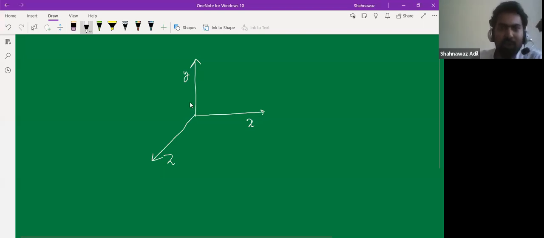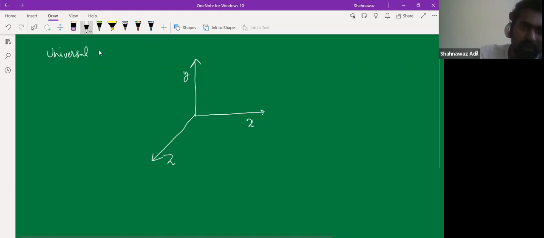Okay. So the universal unit vectors. They are unit vectors in all these 3 directions.